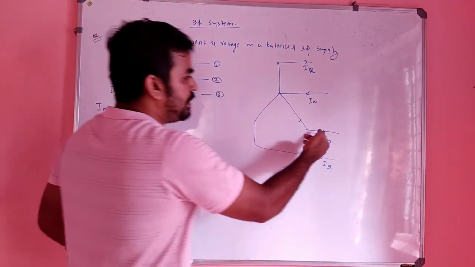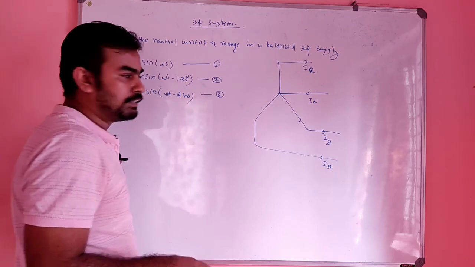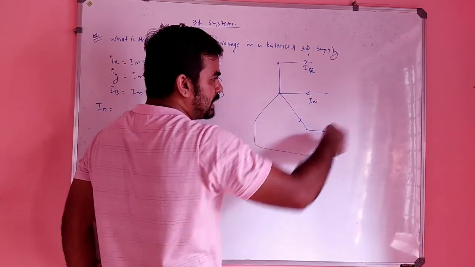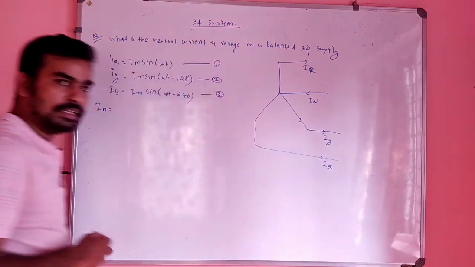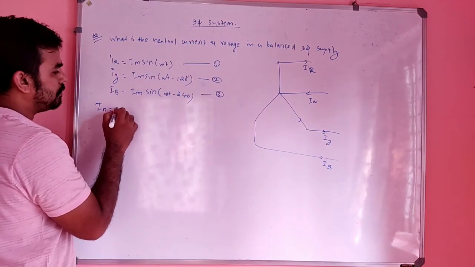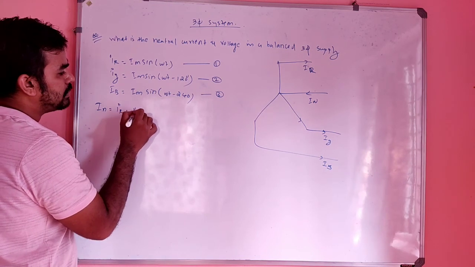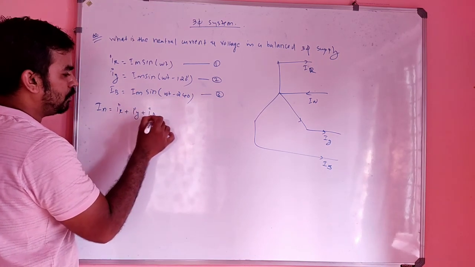Because for every conductor, neutral is acting as the return conductor. That's why all are outward but neutral is inward. That means the neutral current is the sum of IR plus IY plus IB. Correct or wrong, beta?